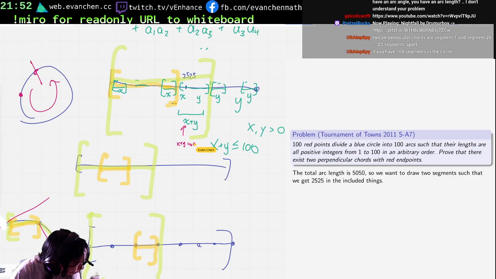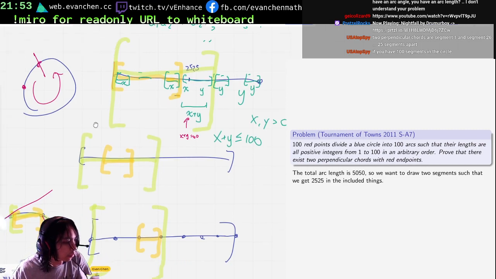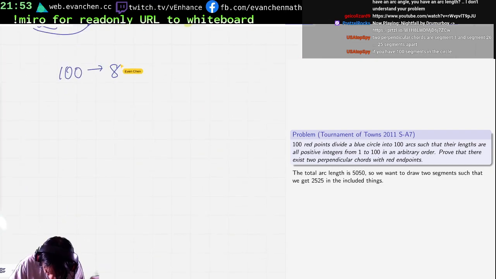No, I don't think you understand what it means. Here, let me draw you an example of what it looks like with 100 replaced by 8, okay? Because I can't actually draw 100 things. So if I replace 100 with 8, an example of a possible circle would be like this. This is 1.